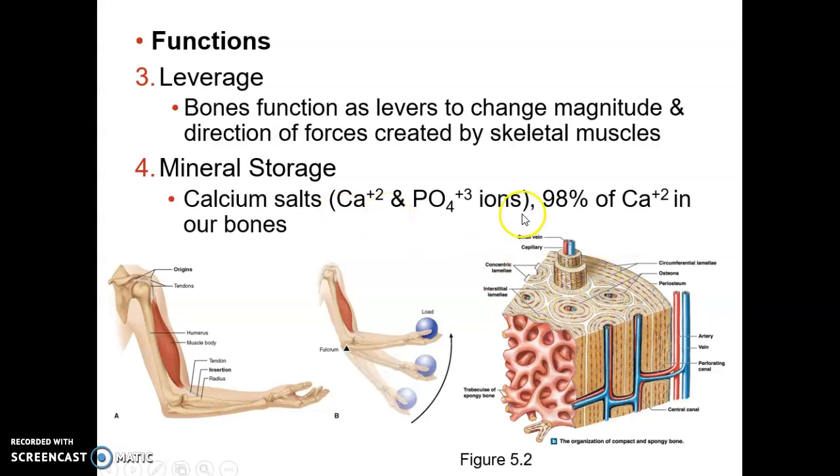When these calcium salts are in solid bone, they are out of solution, or they have precipitated, they're solid, but they can be dissolved, as we'll see, to help supply calcium ions and phosphate ions within the body to be distributed by the cardiovascular system.